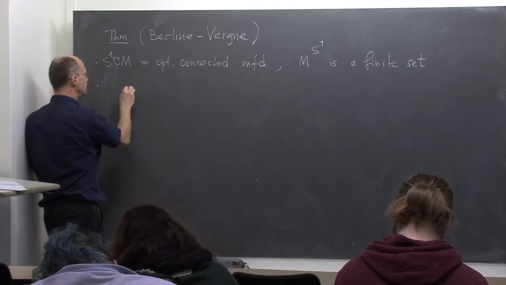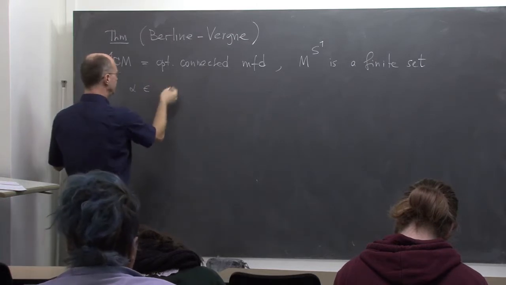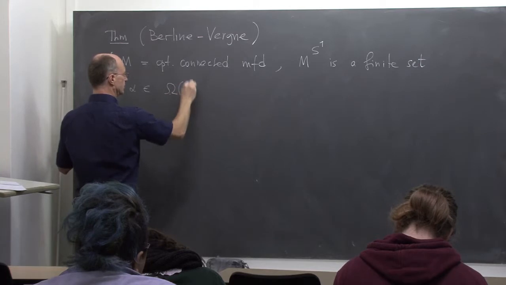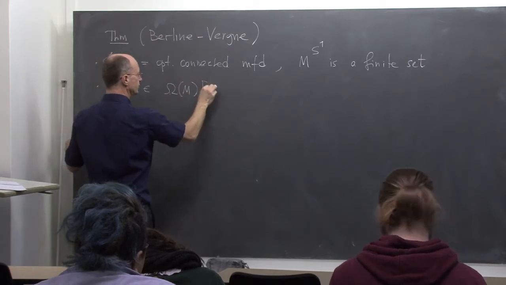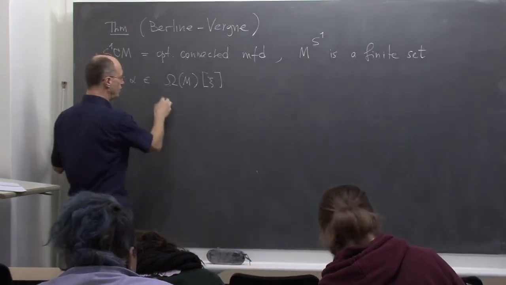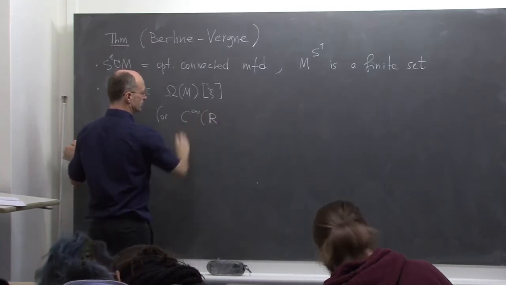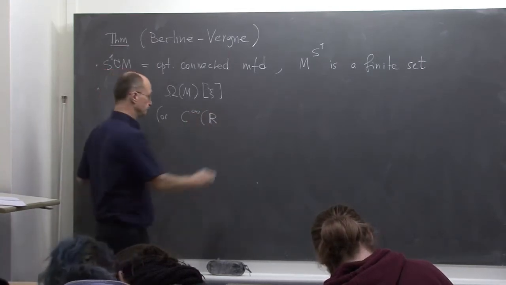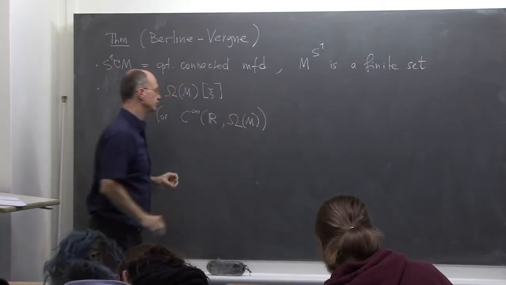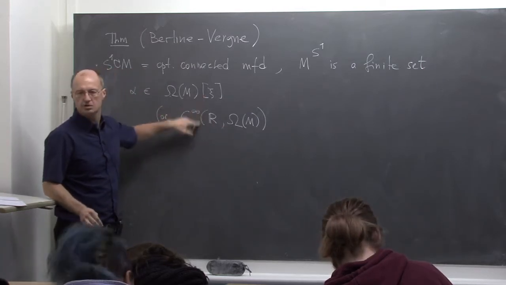Furthermore, let's assume that alpha, and here let me write several versions, is a form of mixed degree and a polynomial in one variable, or maybe a C infinity function in one variable with values in differential forms. If the function is polynomial, then this is the same.